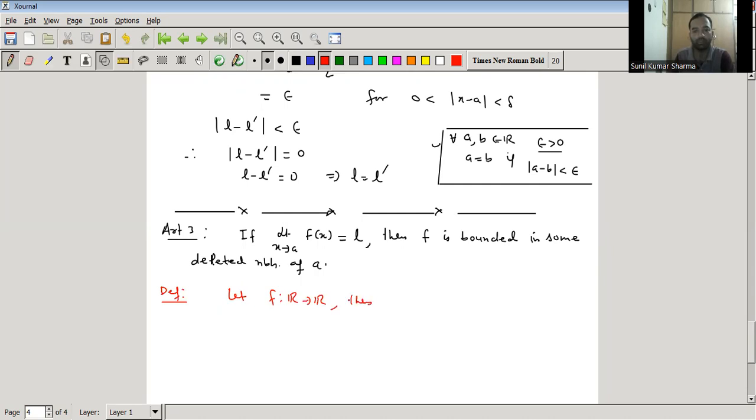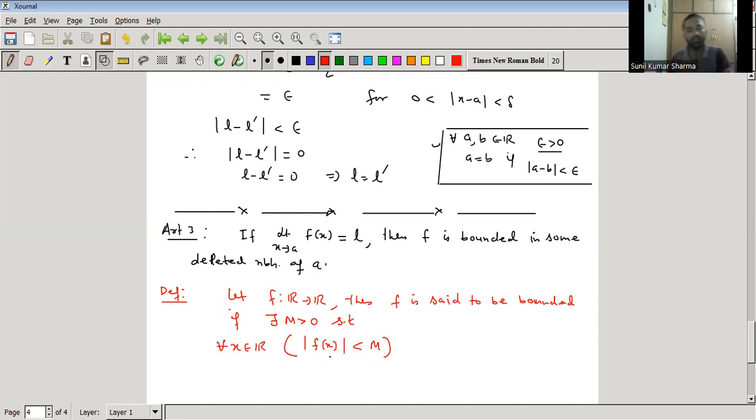Then f is said to be bounded if there exists a positive real number M greater than 0, such that for any x belonging to R, mod of f(x) is less than M. So then we say that f(x) is bounded.